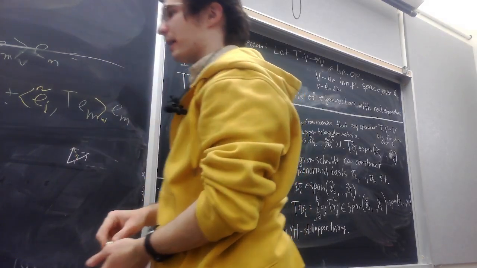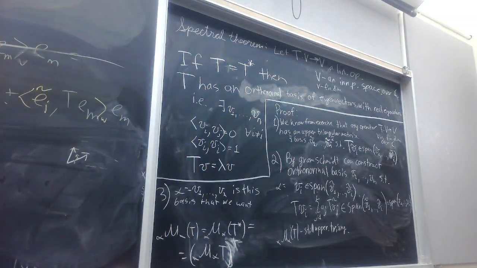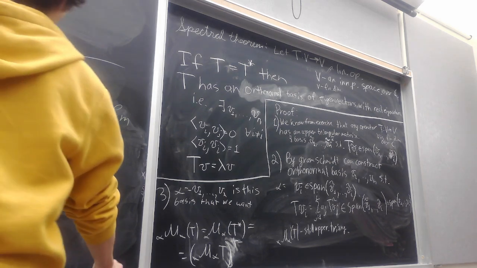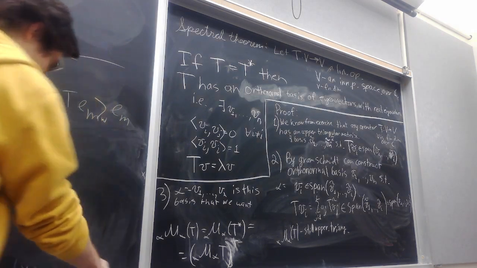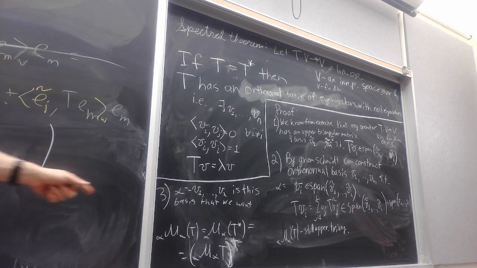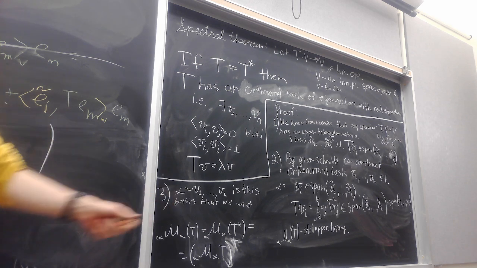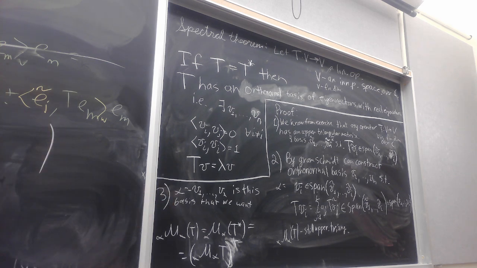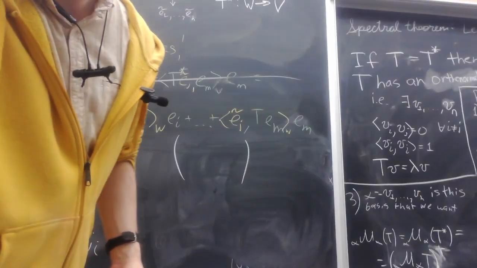But now, let's imagine how this looks geometrically. Just look at this matrix. What did we know about the first matrix? What was the special nice property about it?